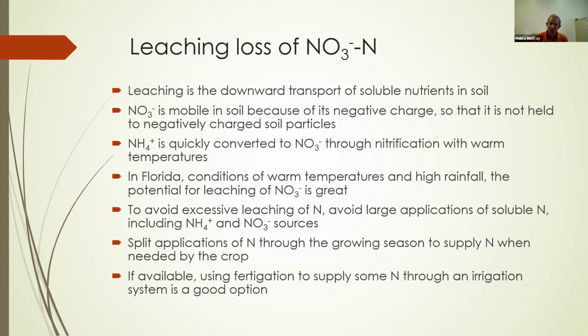To avoid excessive leaching of nitrogen, we need to avoid large applications of soluble nitrogen, including ammonium and nitrate sources. It's important to split applications of soluble nitrogen through the growing season to supply nitrogen when needed by the crop. Also, if available, using fertigation is something to consider to supply some nitrogen through the irrigation system.